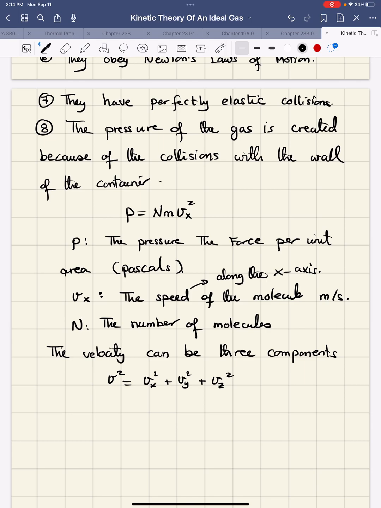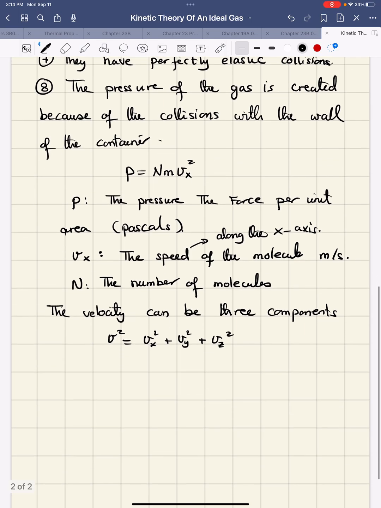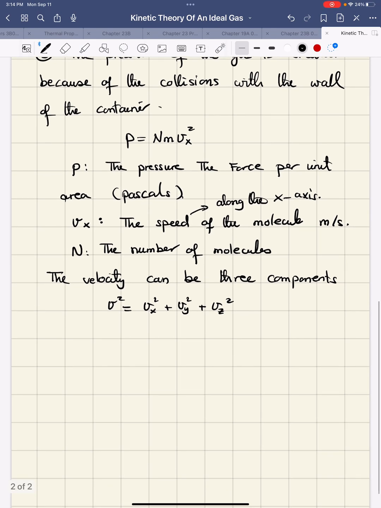And because it's random motion, we can assume that all of them are equal. And I will say PV is gonna be 1/3 N m V squared average, and that is gonna be 2/3, because I want to have the kinetic energy, V squared average.